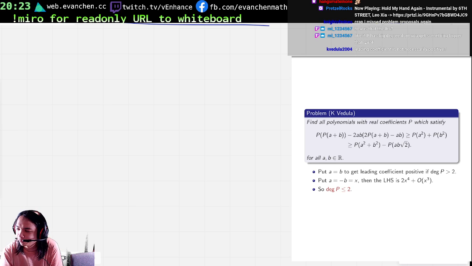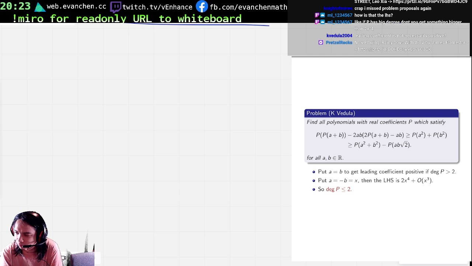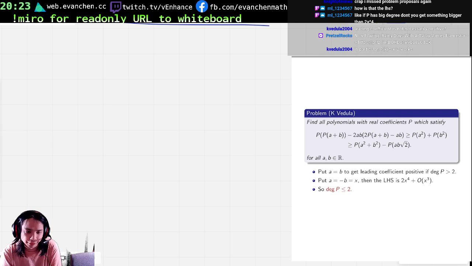If degree p is greater than 2, then the leading coefficient is positive. But now that we're at degree p at most 2, it's a moot point anyways.